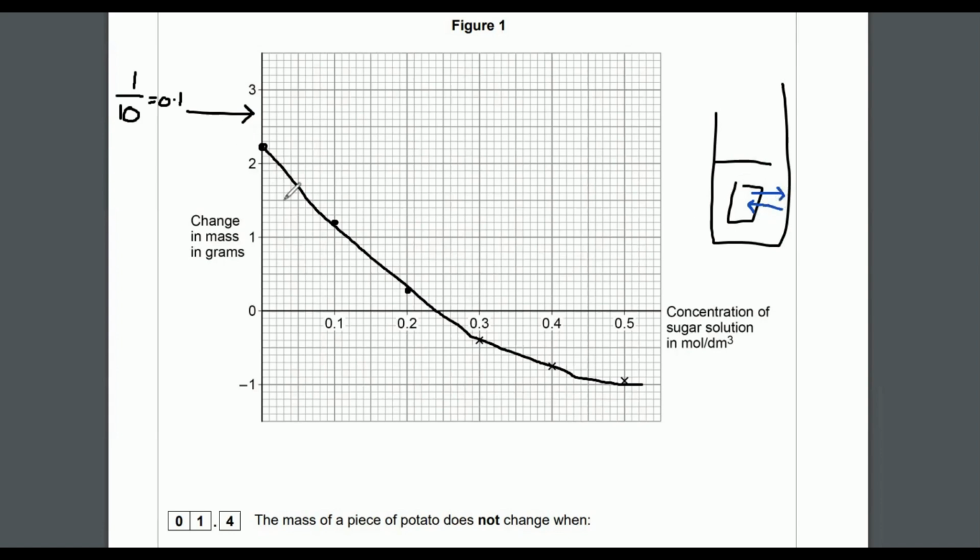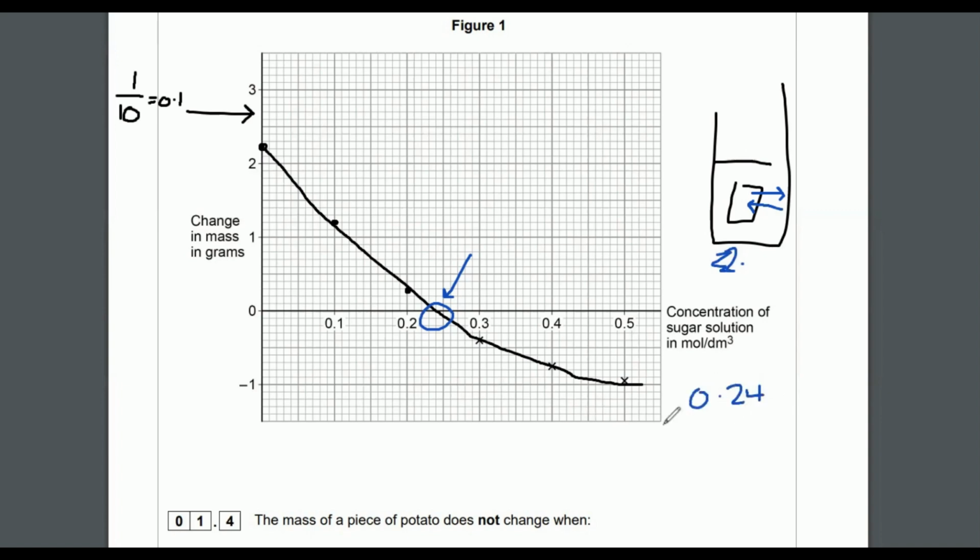And you can find that on this graph where the 2 lines intersect. So right here. So that means that right there is the concentration of that potato. And it is less than 2.5. I'm going to go 2.4. You might go 2.35. So I'm going to say my answer is 0.24.